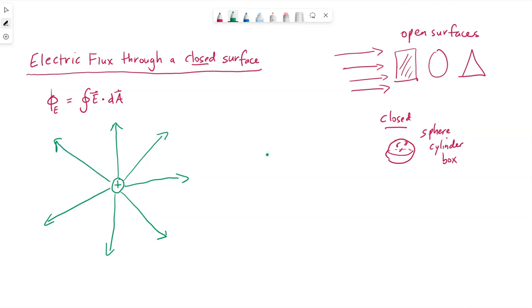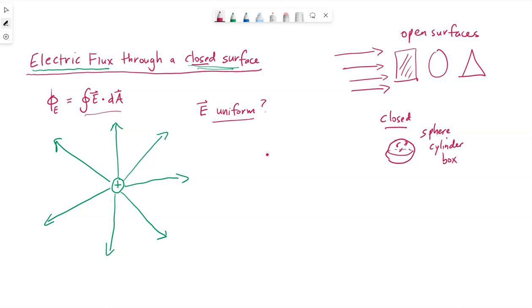And so I want to talk about the electric flux through some sort of closed surface that I'm going to choose. I'm going to choose a closed surface, but I want to choose a surface where this integral will simplify, meaning is there some sort of closed surface I can choose where the electric field would be uniform?